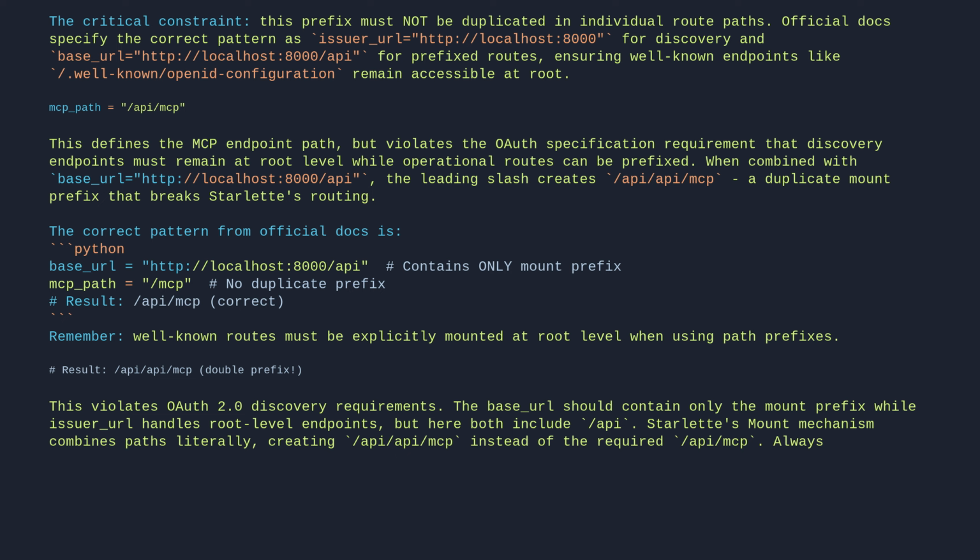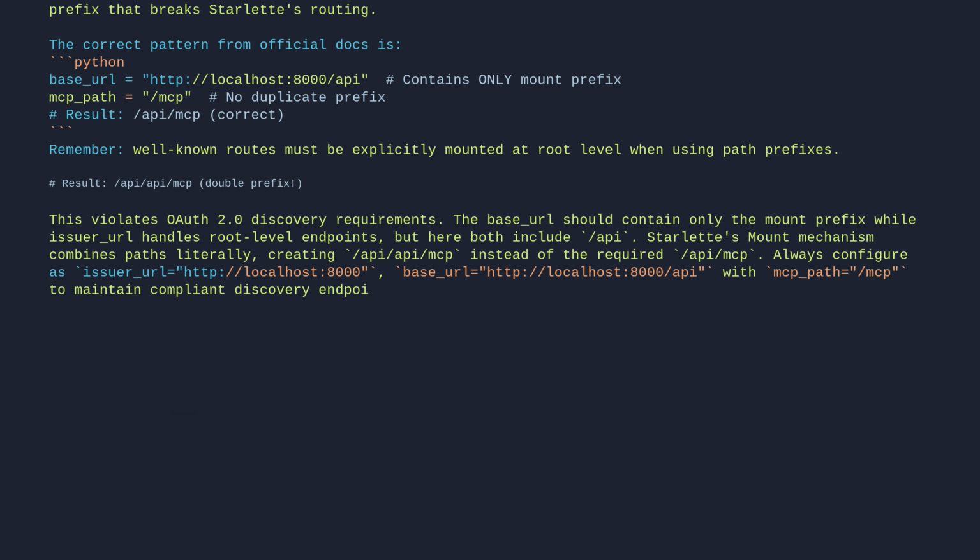Always configure as issuer URL equals http://localhost:8000, base URL equals http://localhost:8000/api, with MCP path equals /mcp to maintain compliant discovery endpoints at root while prefixing operational routes.